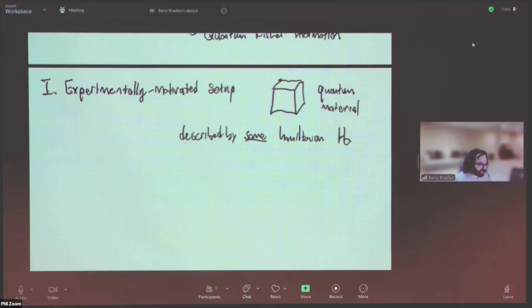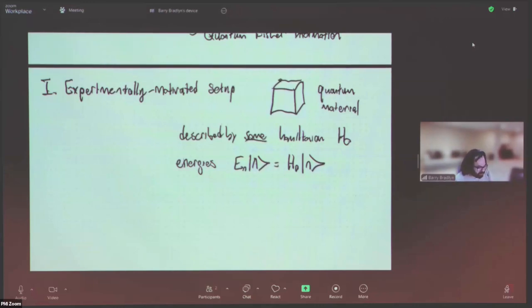H naught has energy eigenstates when the system is in isolation. We'll call the energy eigenstates n, and they have eigenenergies, E sub n. And generally what we want to try and do is do something to the system that lets us learn about the properties of the Hamiltonian, the energies, and the eigenstates.